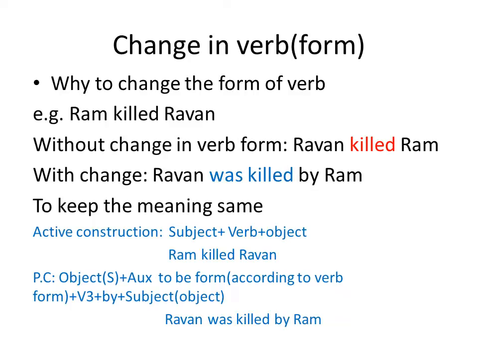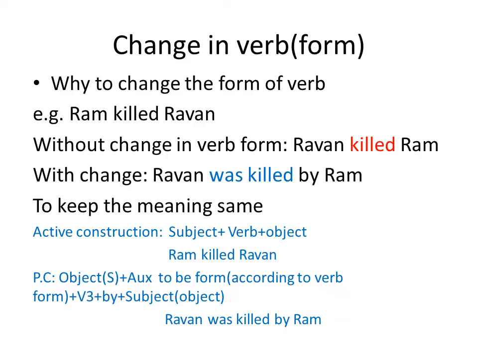So let's see what happens to the verb, that is, the change in verb forms. Why do we change the form of the verb? Because we have to keep the meaning of the sentence the same. If we don't change the form of the verb, the meaning gets totally changed.